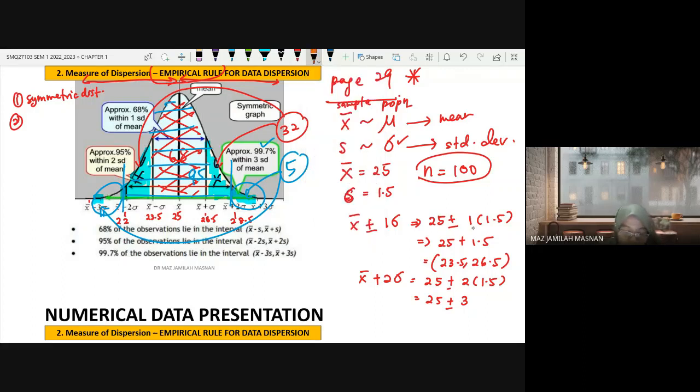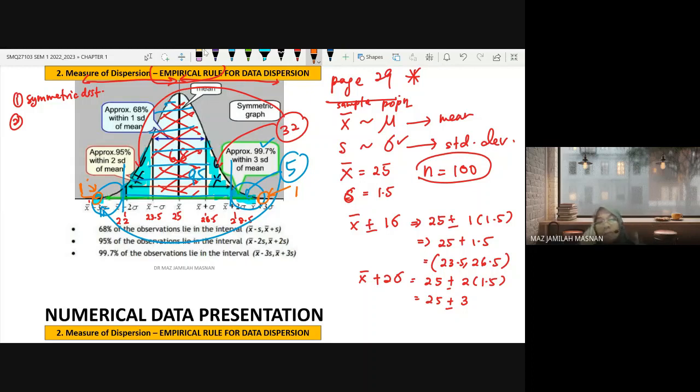This is the region for the 5% data. The 5 is either here or here. So for 1 data, it could be either here or here.